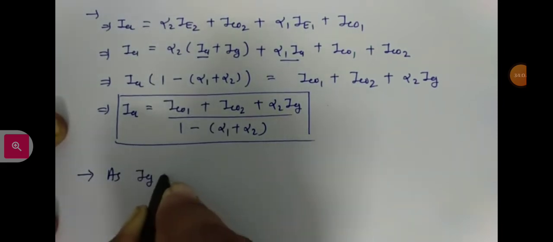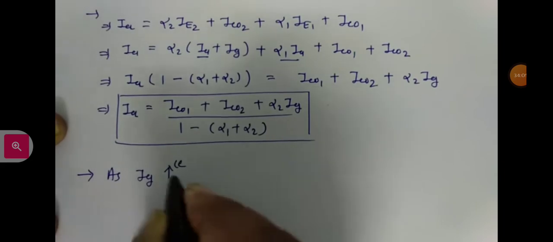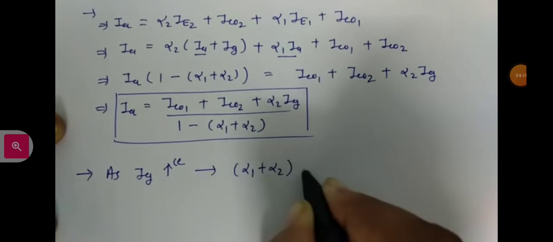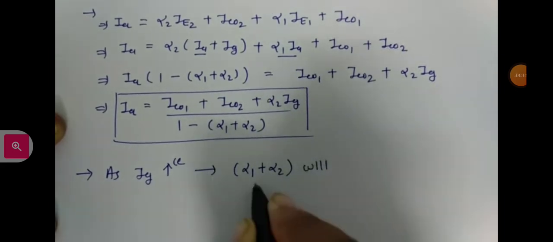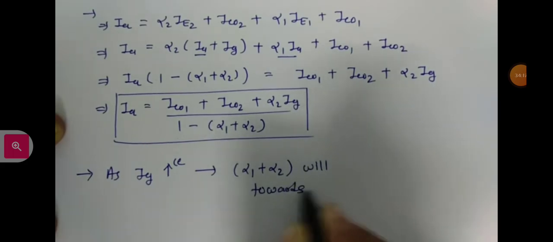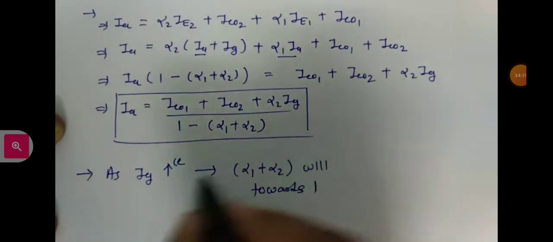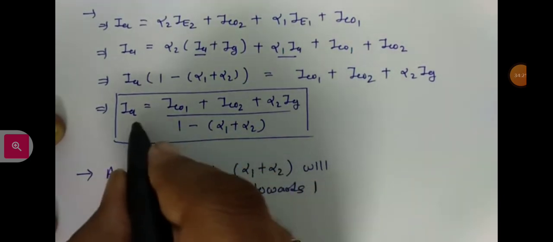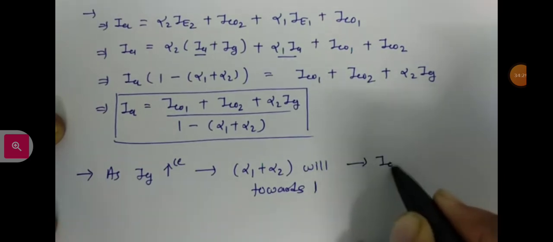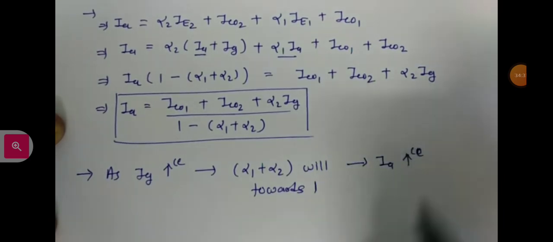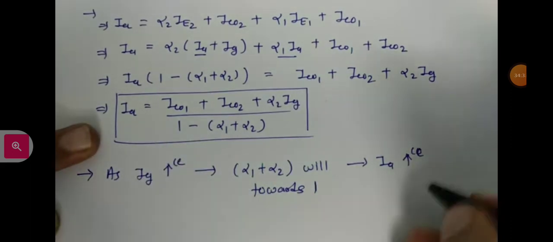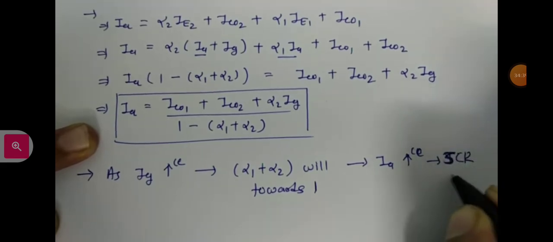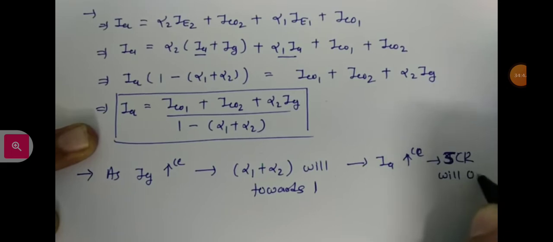So as IG increases, alpha 1 plus alpha 2 will go towards 1. If alpha 1 plus alpha 2 goes towards 1, this IA will increase, and if IA increases, the SCR will turn on.